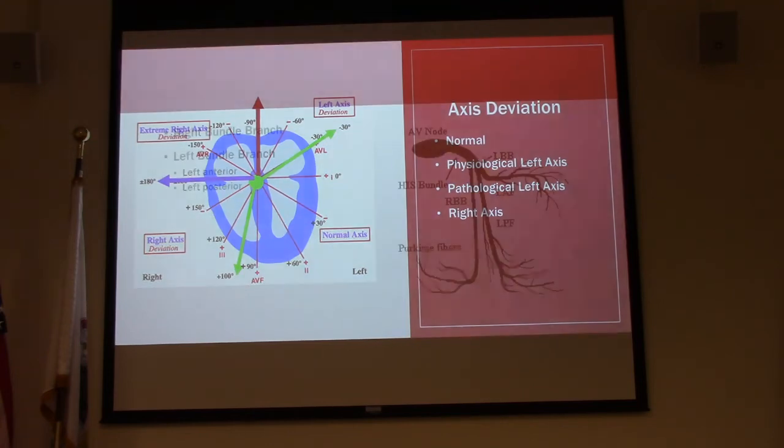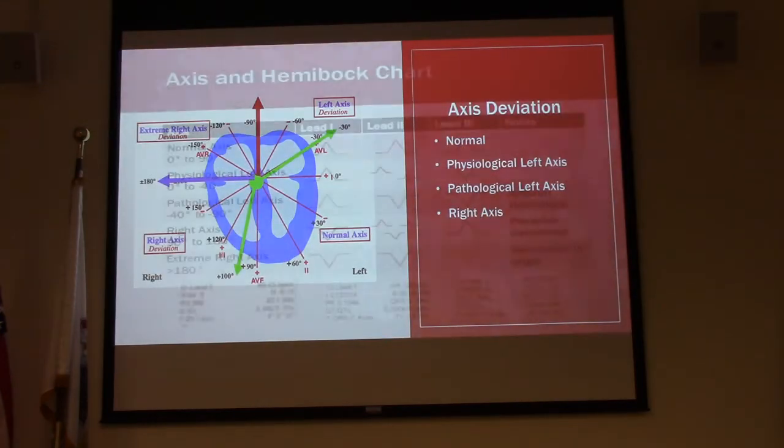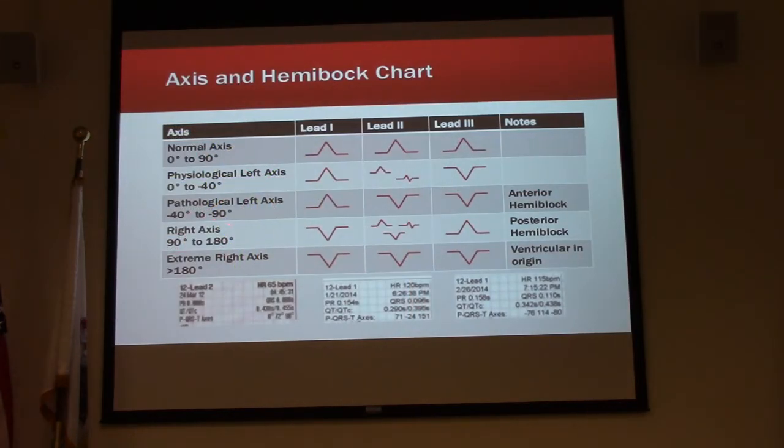But if we end up with a patient with a negative 40 to negative 90, that's our pathological left axis deviation. This can be a number of things. It can be someone who is obese, pregnant, someone who is having respiratory issues, someone with a high diaphragm.